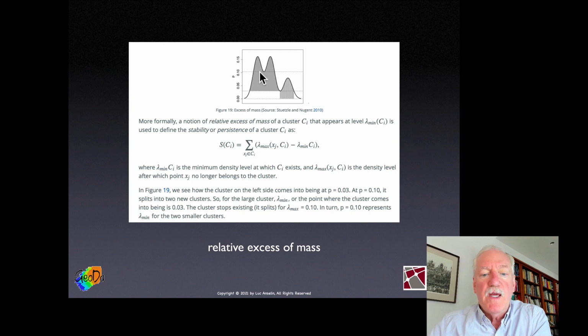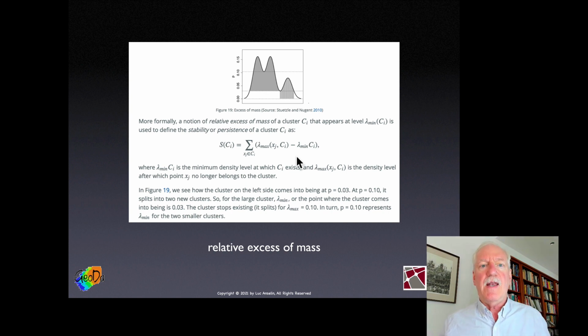And so the difference between the maximum that in this case, there's only 2 points, the maximum that these points reach when they are still part of this cluster, and the initial minimum density value for the cluster to form, that is the relative excess of mass. And when we compute this for all the points in the cluster, because some points split off earlier than others, not in this example, but in the example that follows, you'll see that.